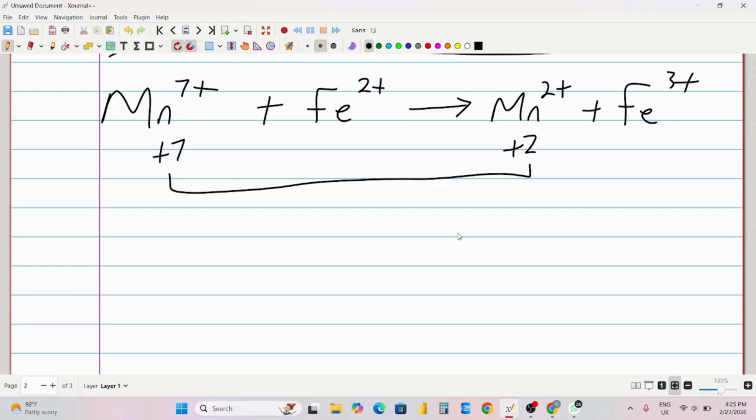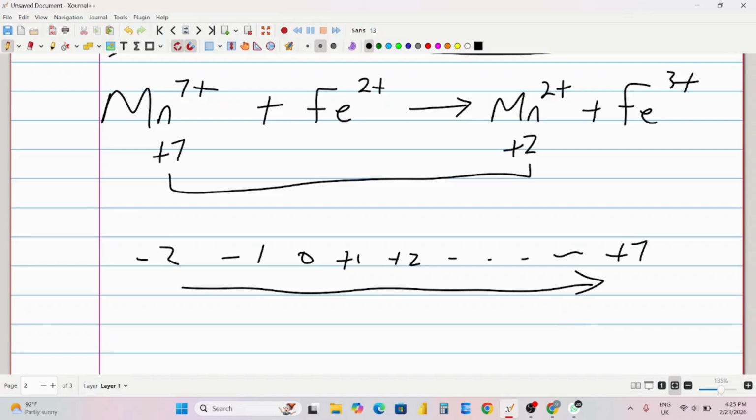So quickly we draw it again. Now you're going to +7, then you are coming this way. So obviously if it goes this way, you know that it is oxidation. If it goes this way, it is what? Reduction.